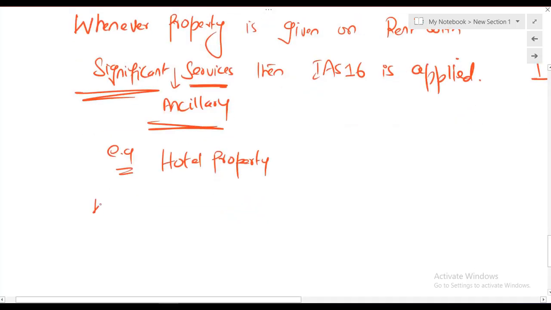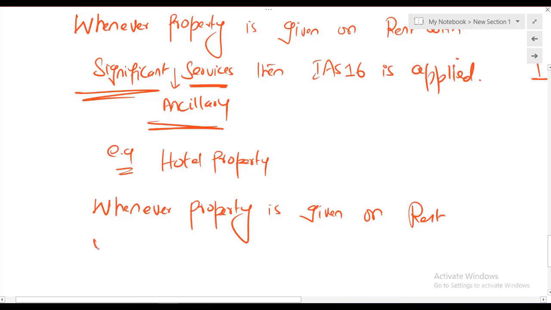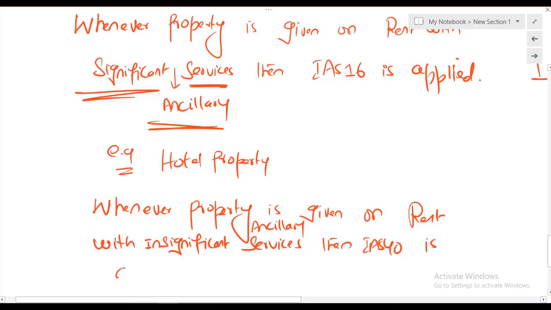But whenever property is given on rent with insignificant ancillary services, then IAS 40 is applied.